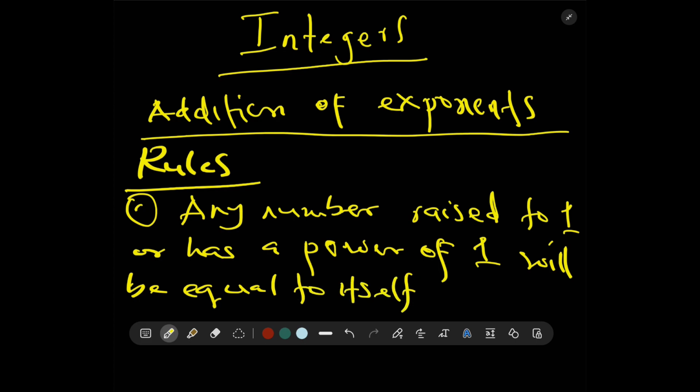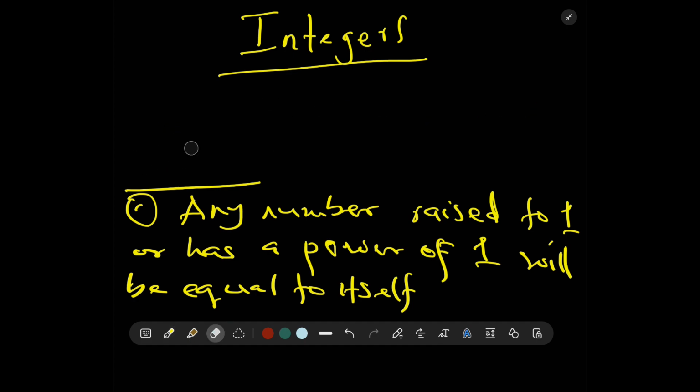What does that mean exactly? For this rule number 1, if I have, for example, A raised to the power 1, it is going to be equal to A, because this is 1. So A raised to the power 1 is equal to A.